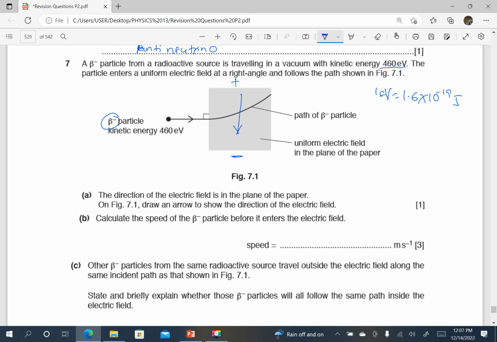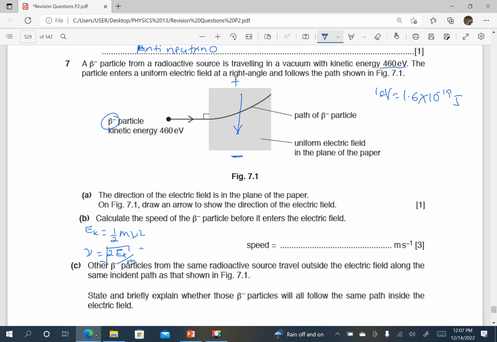Calculate the speed of beta minus particle before it enters the electric field. So before it enters the electric field, it has kinetic energy, which is given by the accelerating PD. And the kinetic energy is given as 460 electron volts. We know that kinetic energy is a half mv squared, which means that v is going to be the square root of twice the kinetic energy divided by m.